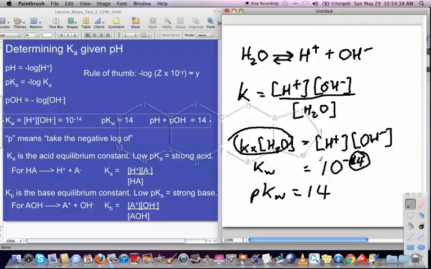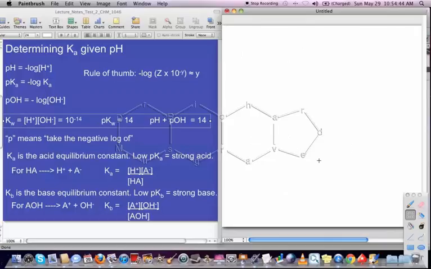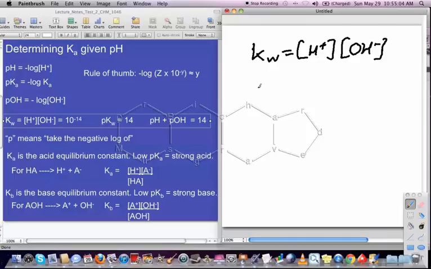The other consequence of this has to do with pH plus pOH equaling 14. So if we go back to our equation, 10 to the negative 14 equals that, because that's what the Kw is.